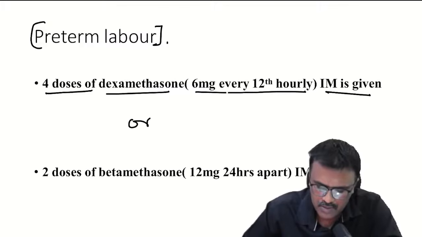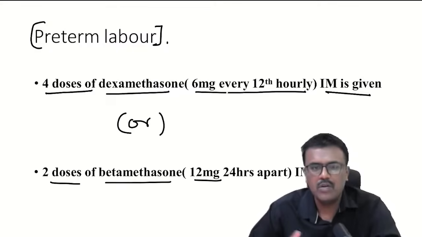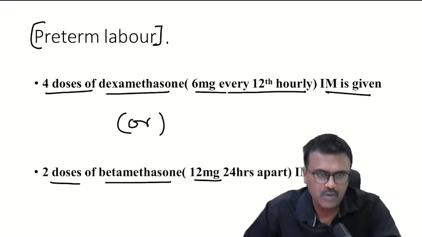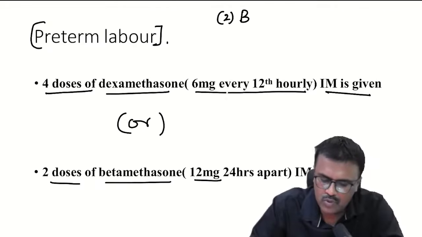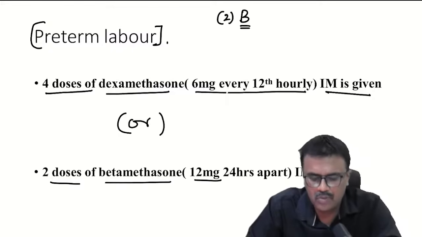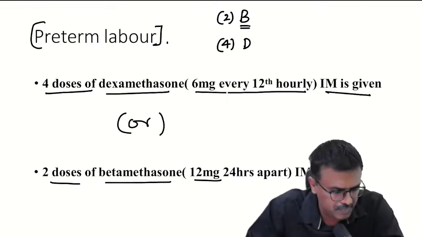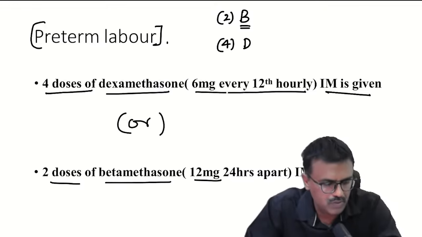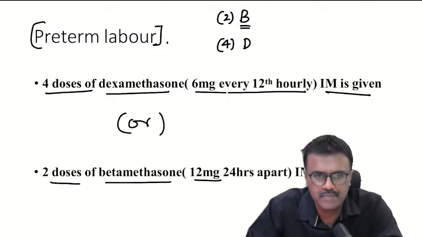The alternative option I have is 2 doses of betamethasone, 12 milligram, 24 hours apart. How to remember? The second alphabet is B, 2 doses. The fourth alphabet is D, so 4 doses. So this is what we can come across.